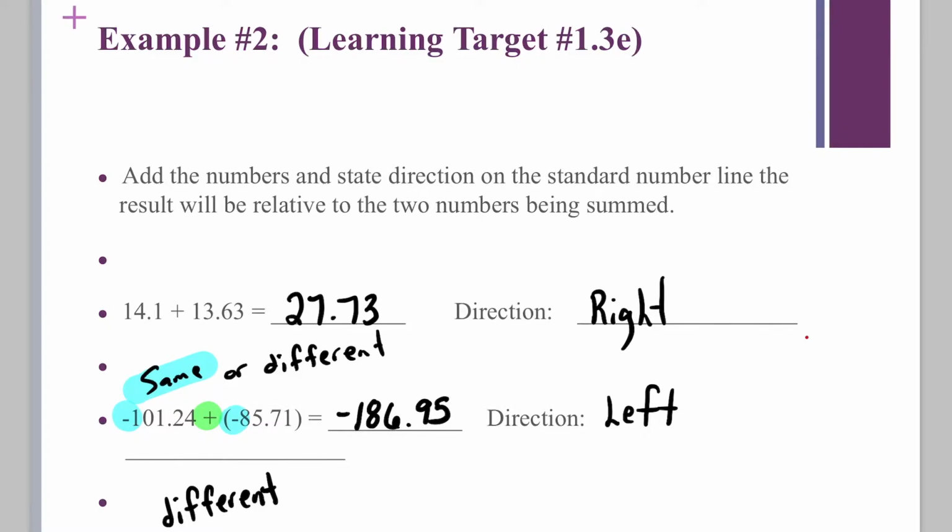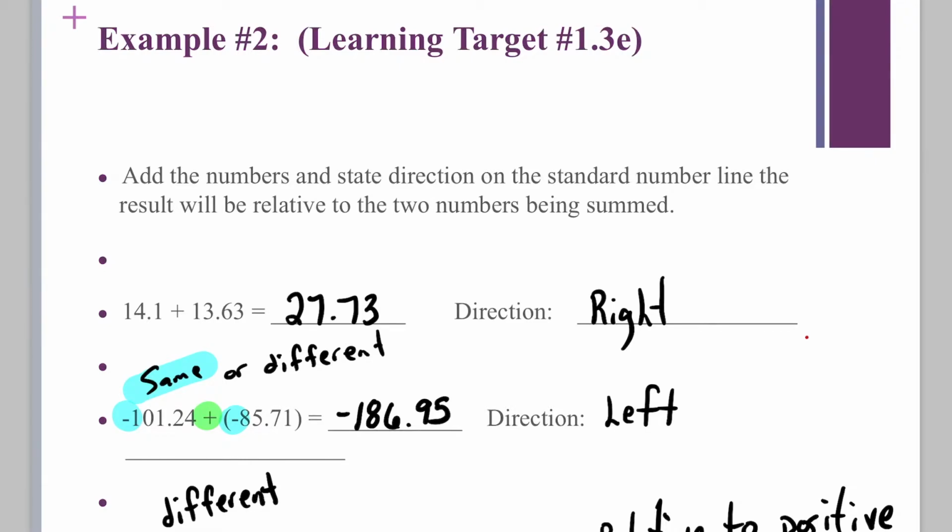Let's look at it relative to the positive number. The positive number is 32.31. So if we have 32.31, way over here would be negative 57.12.